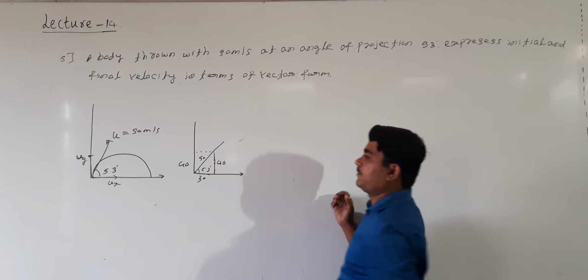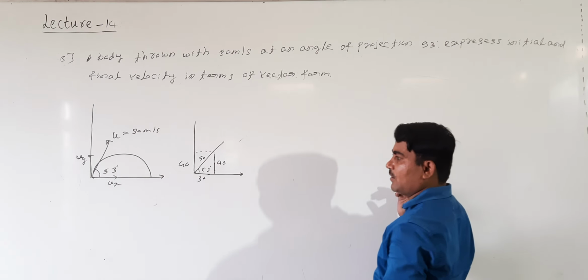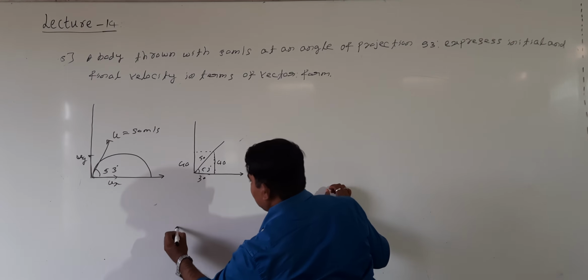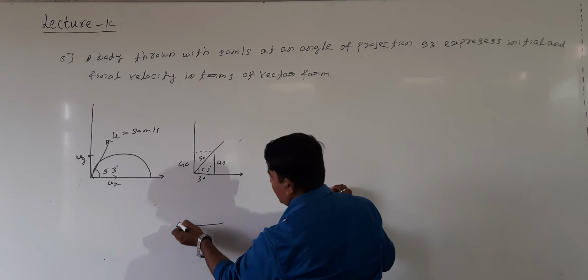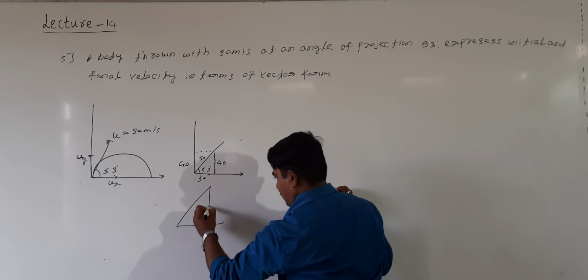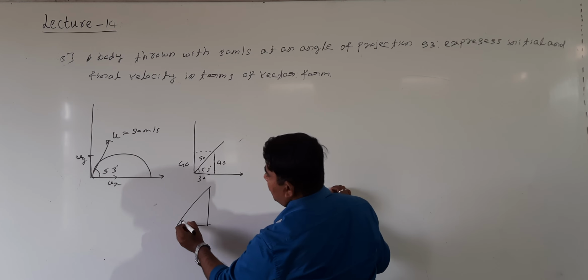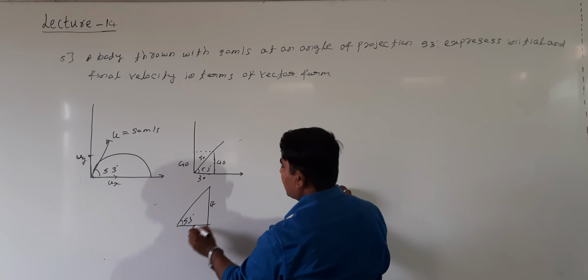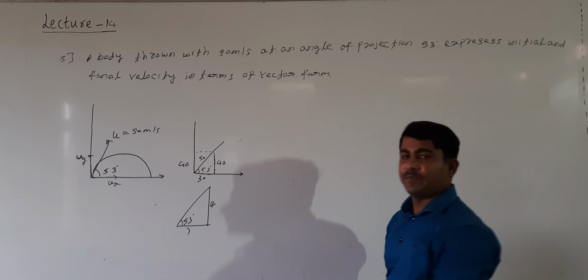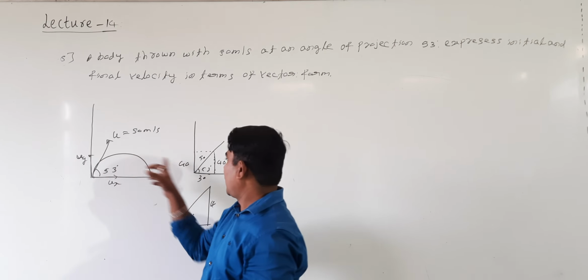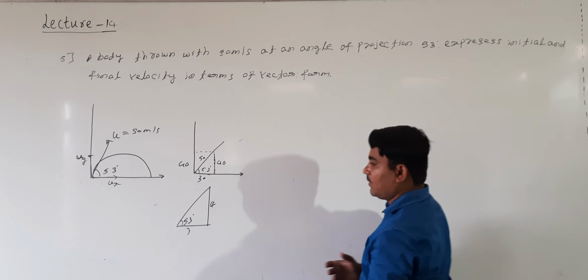Right? This is 40. So, shall I draw the diagram here for 53 degree? If it is 53 degree, this becomes 4, this becomes 3. 3 means ux, 30 means ux, and 40 means uy. What is initial velocity here?